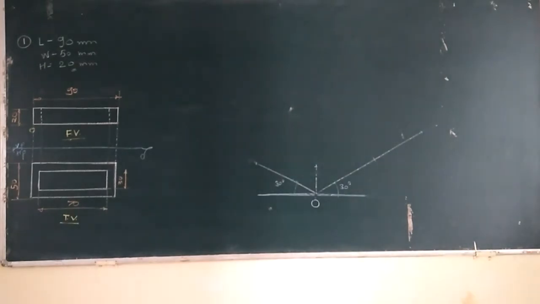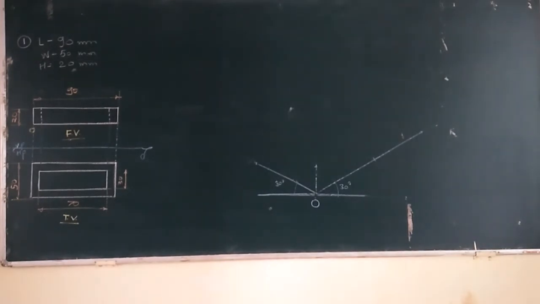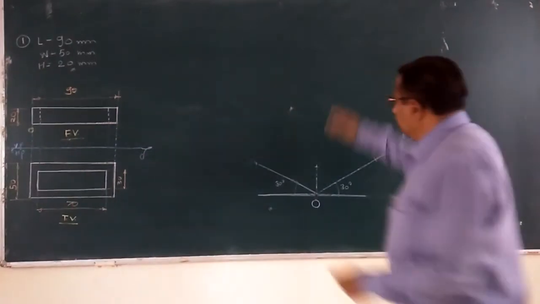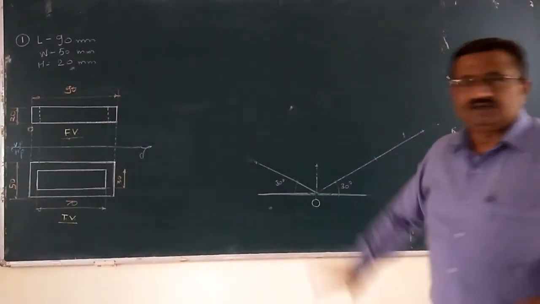You just have to construct parallel lines, parallel to the right 30, left 30 and vertical lines.